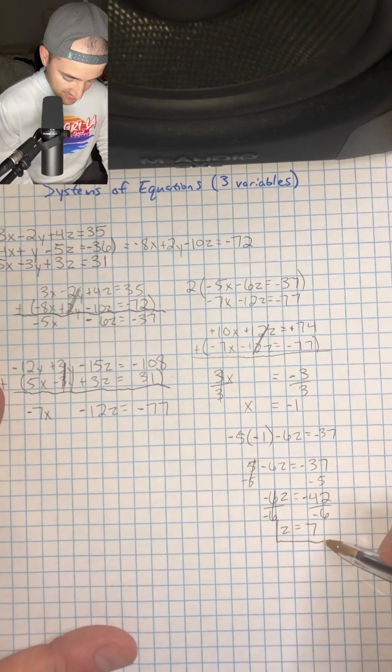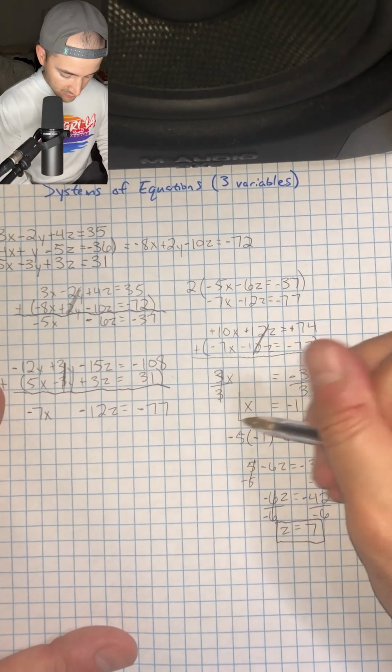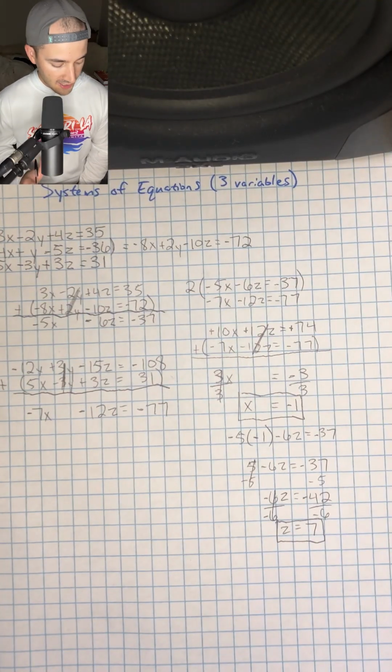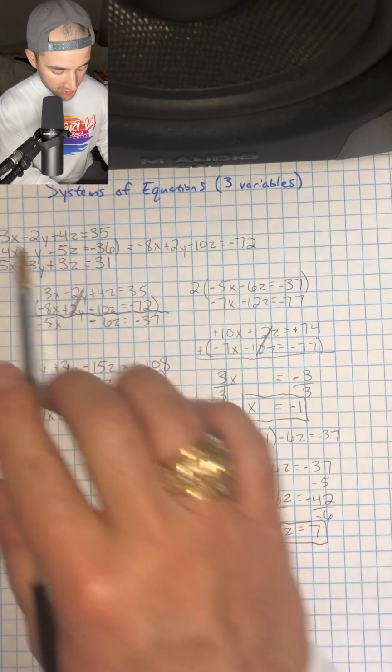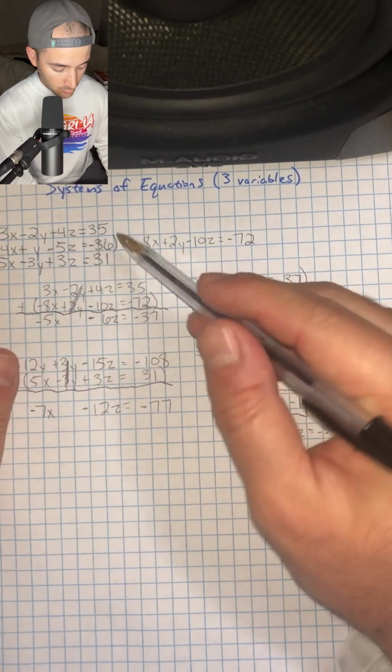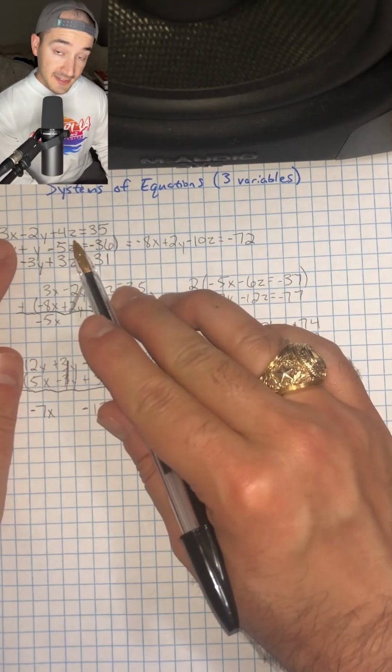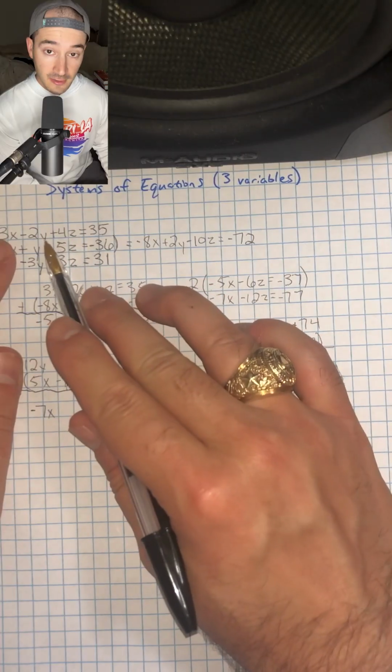Okay, so z is equal to positive 7, x is equal to negative 1. Now we just need to solve for y. So the way that we can do that is we can just use any of our three original equations. I'm going to use the top one, and we're going to plug in x and z. That way we can solve for y.